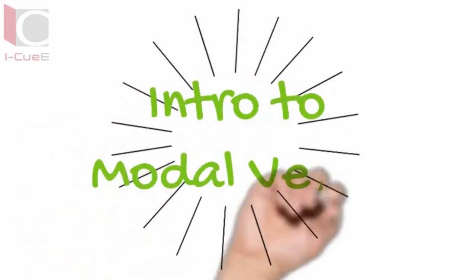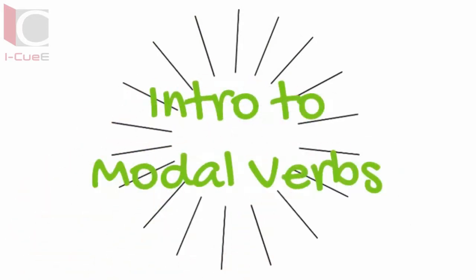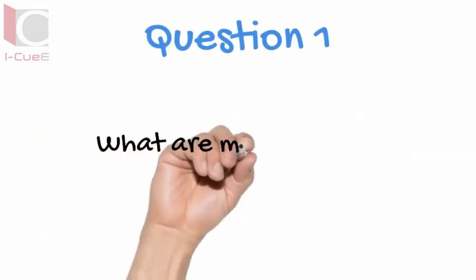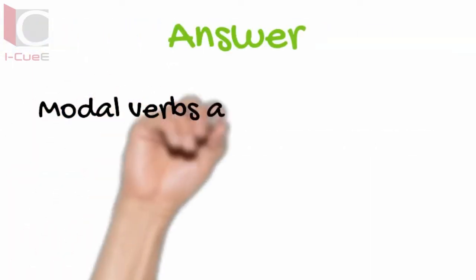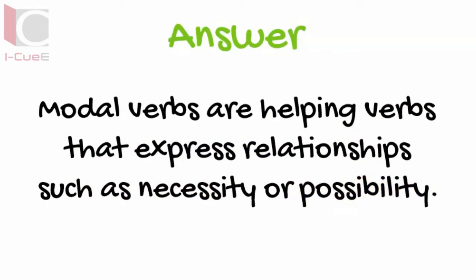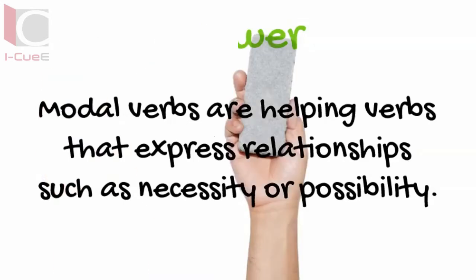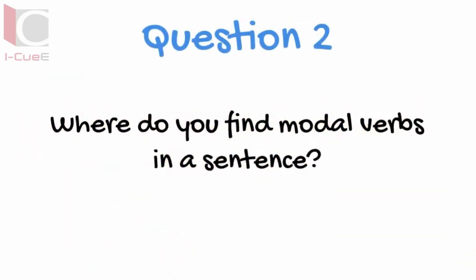Intro to modal verbs. What are modal verbs? Modal verbs are helping verbs that express relationships such as necessity or possibility. Where do you find modal verbs in a sentence?